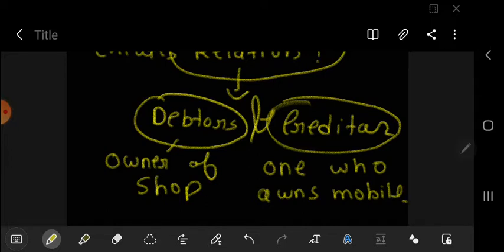Okay, means the creditor has purchased. Please keep in mind, the creditor is always the purchaser of goods, while the debtor is always the seller of the goods. Debtors will always receive the money, while creditors will always give the money. Okay, I think it should be very clear.